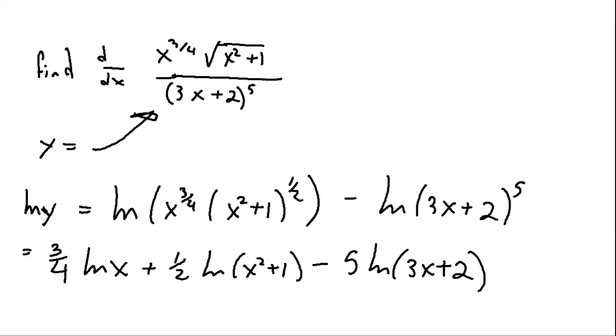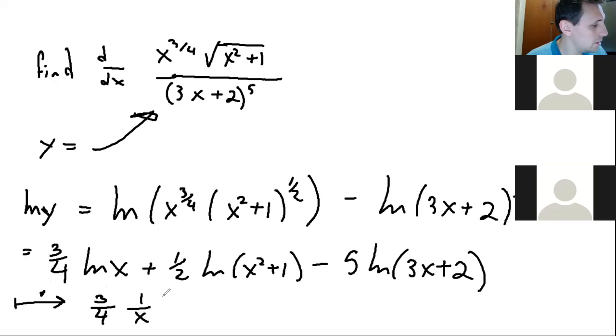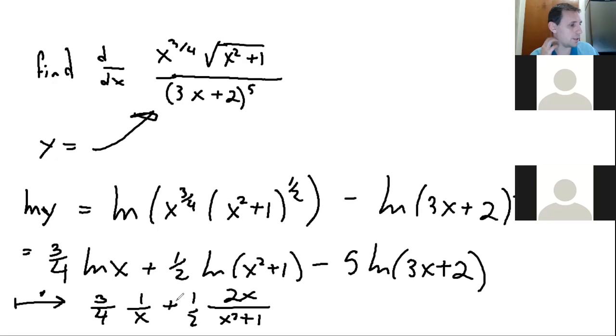Good, good. And then you take the derivative of that expression. The derivative of that expression will be, so I'll just write line and prime. So that would be what? That would be 3/4 1 over x plus, what do you have here? You have 1/2 x squared plus 1. The derivative of x squared plus 1 is 2x. I can simplify the 1/2, all right?